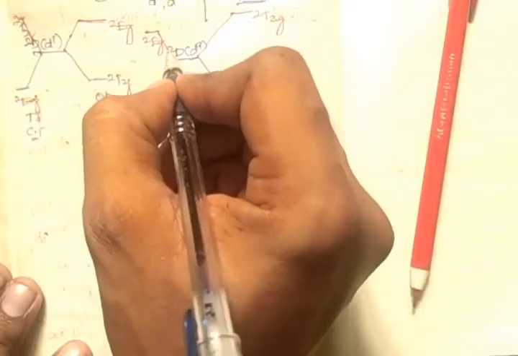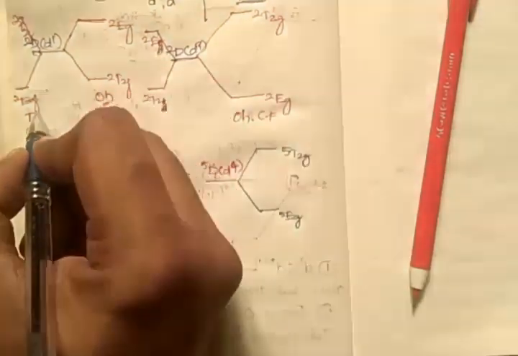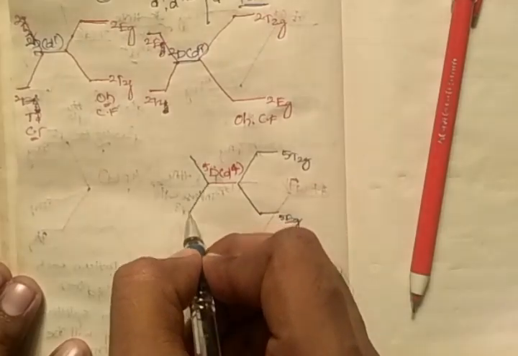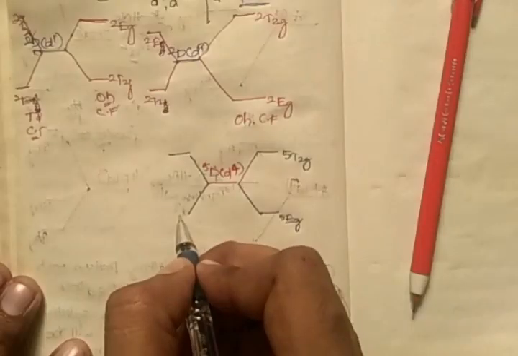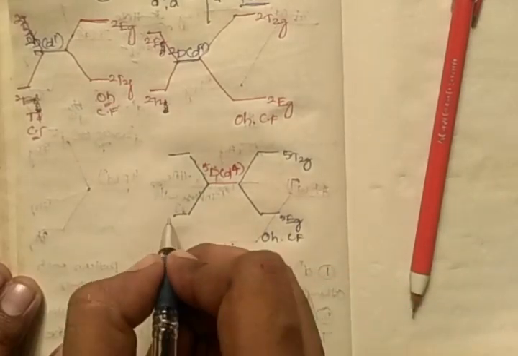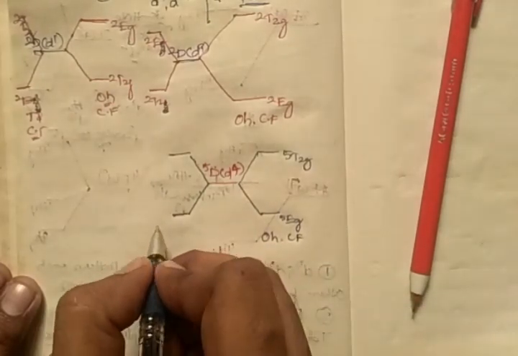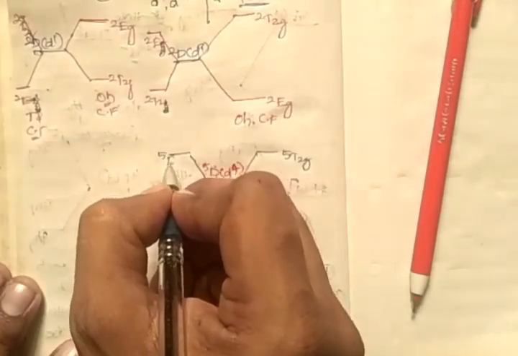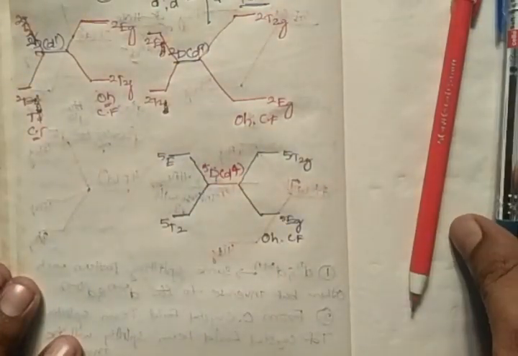In tetrahedral there will not be any g subscript. When it comes to tetrahedral, it would be the reverse of the octahedral. This is the octahedral crystal field. Now coming to the tetrahedral crystal field, it would become 5T2 in the lower energy state and 5E in the excited state.